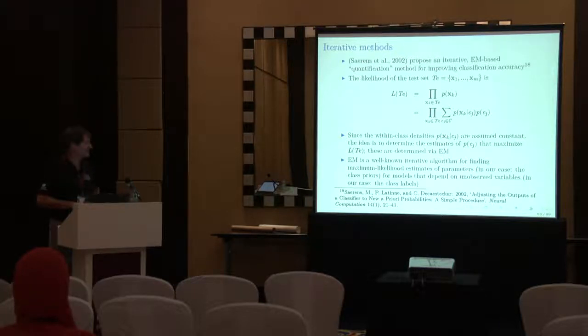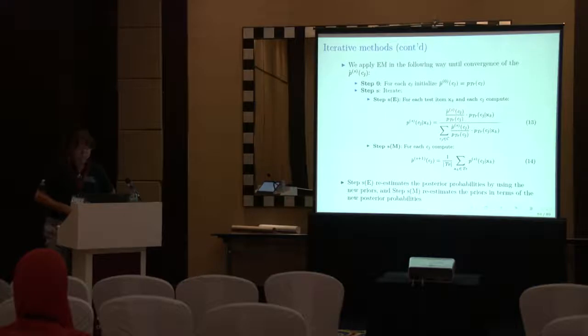In our case, the parameters are the class priors, the P(c) we want to estimate, and the unobserved variables are the class labels, because we don't know the class labels of the test set. So this EM method is an iterative method which alternates between two steps, the so-called expectation step and the so-called maximization step.